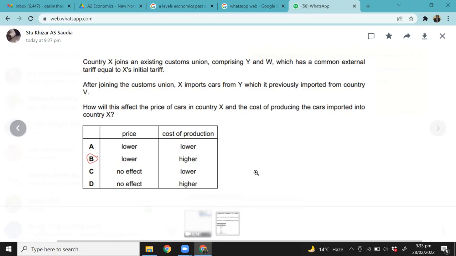So after joining the customs union, X starts importing cars from Y, which it previously imported from country V. How will this affect the price of cars in country X and the cost of producing the cars imported into country X?